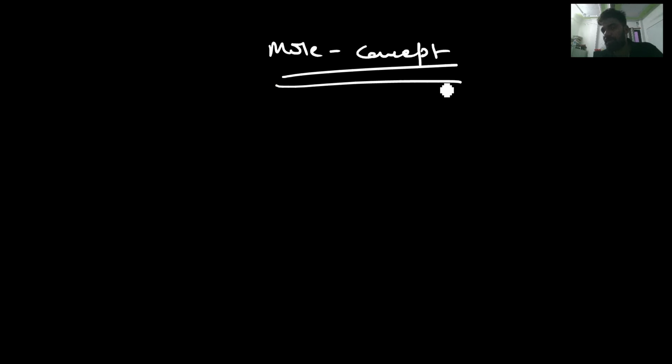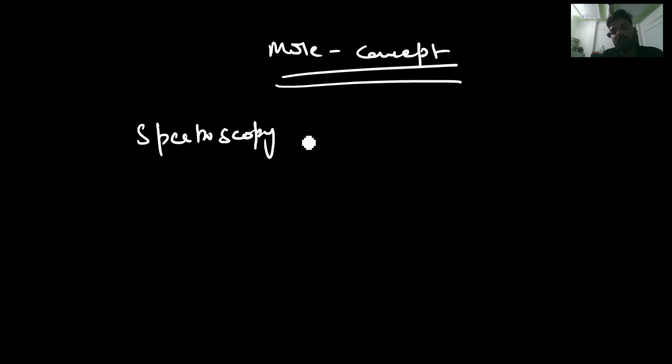As technologies increased, we started measuring mass by special techniques, by a special spectroscopy method. We are able to calculate the mass of one carbon atom in grams, because gram is our standard unit.